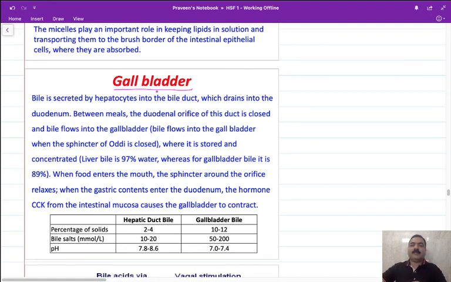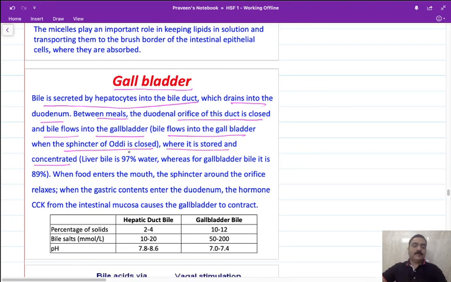So that happens in the gallbladder. Okay, so the bile is secreted by the hepatocytes into the bile duct, which drains into the duodenum. But between the meals, the duodenal orifice of this duct is closed, and the bile flows into the gallbladder. Okay, so bile flows into the gallbladder when the sphincter of Oddi is closed, where it is stored and concentrated.